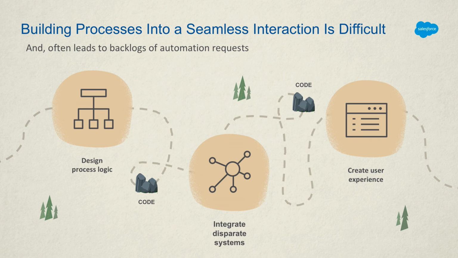First, you need to know the business model, then you need to translate that into a business process logic. Then from there, you need to figure out what kind of systems you need to integrate together so they can talk to each other. Then after you have all that, you can actually build an experience on top of it.